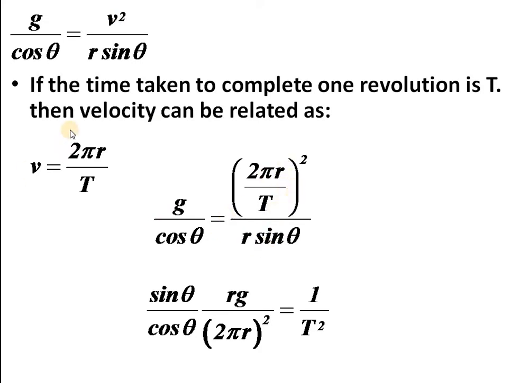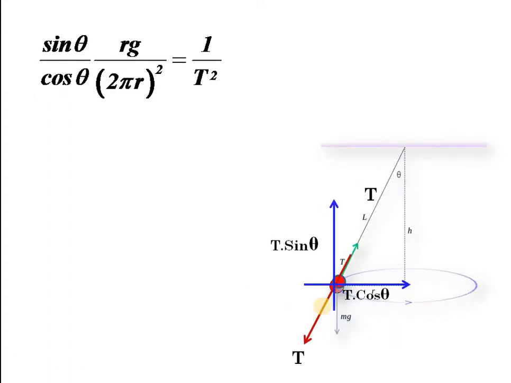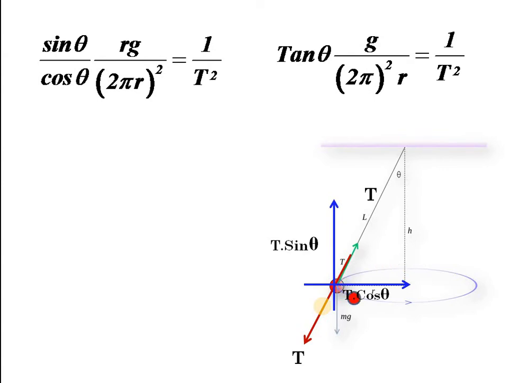A simple substitution, and if you rearrange the equation, we get sin theta upon cos theta into rg upon (2 pi r) whole square equals 1 by T square. Again, if you rearrange it, you will get tan theta equals g divided by (2 pi) all square r, equals 1 by T square.